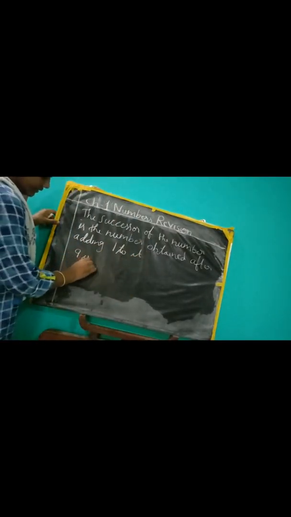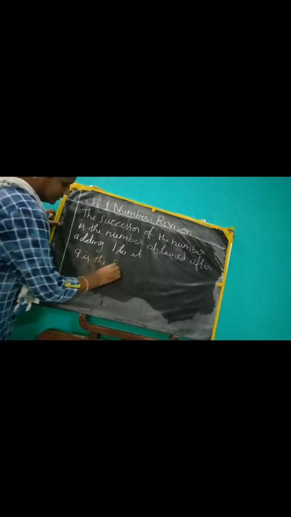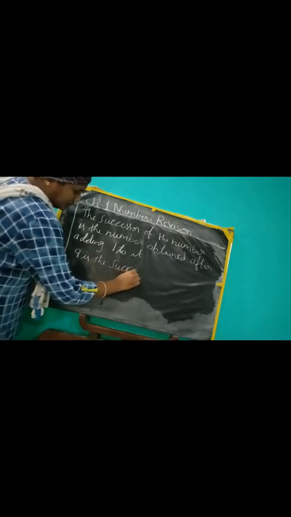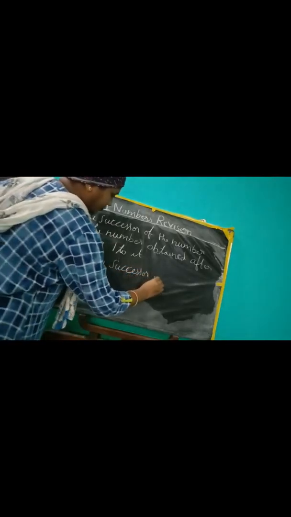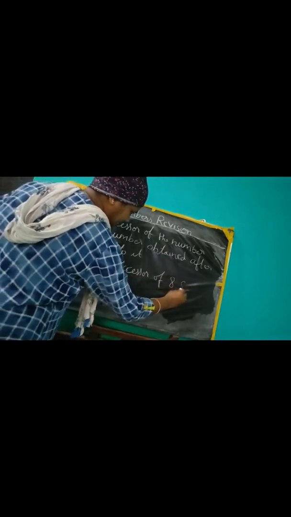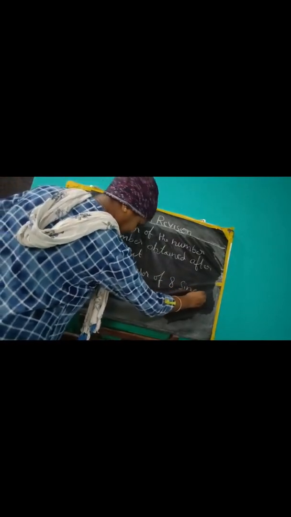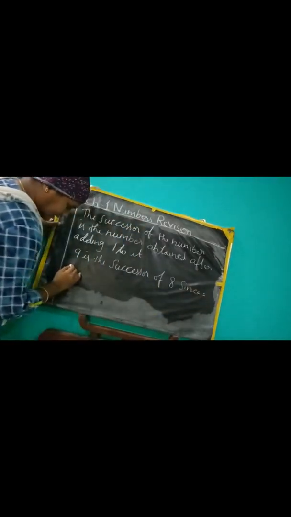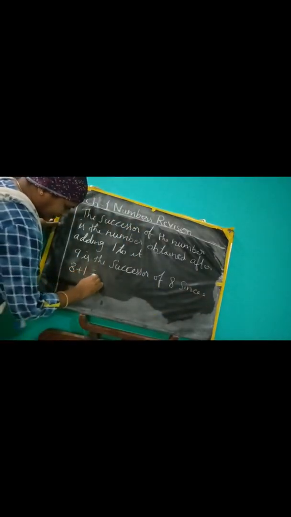See, for example, listen carefully, children. 9 is the successor of 8, since 8 plus 1 equals 9.